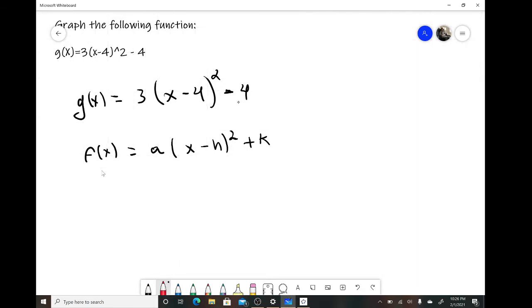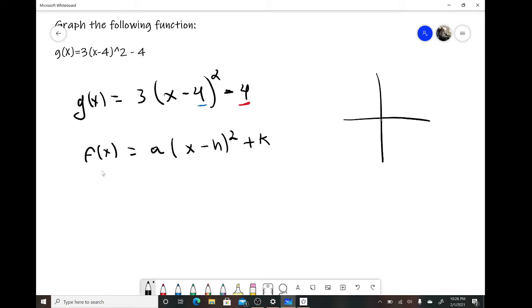Remember that this value out here tells you how much up or down you move the vertex. And this value on the inside tells you, again, left or right movement. So if you were to sketch this, not even graph it, you have an idea of where the vertex is.